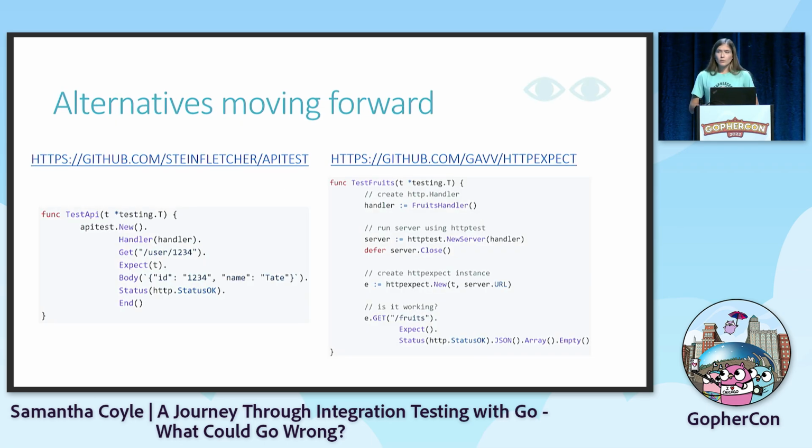But we've used some of these learnings and tools in other projects, and we came across these other packages that are a part of the Awesome Go repo. So we have API test and HTTP expect here. They get at the same goals, right? Enabling a better way of working with tests that might involve some HTTP requests.